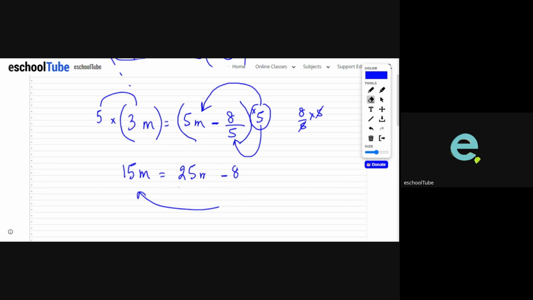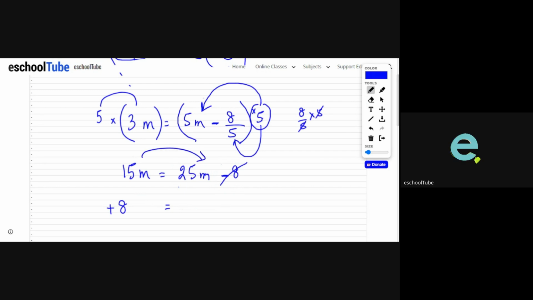Okay. So you transpose this negative 8 to left hand side. So this becomes positive 8. ये तो transpose कर दिया. And then transpose this m to right hand side.